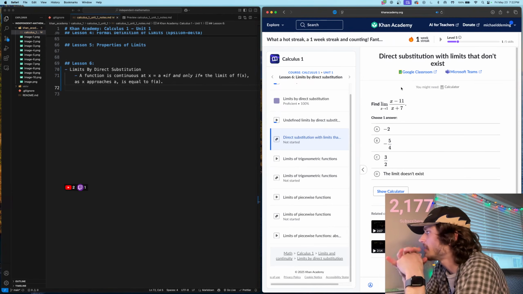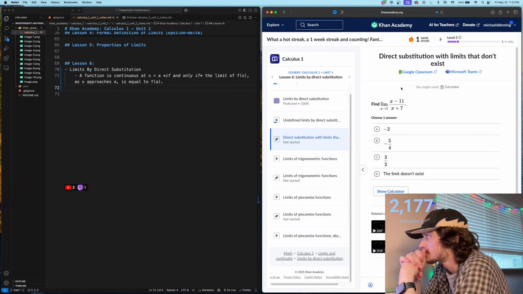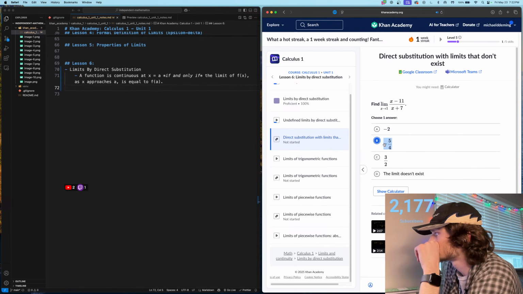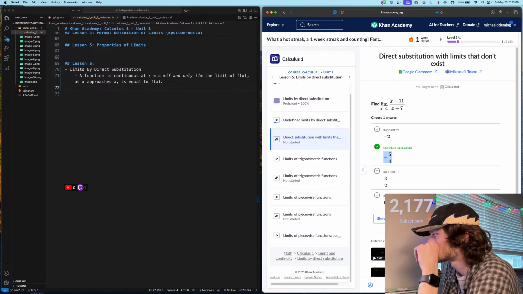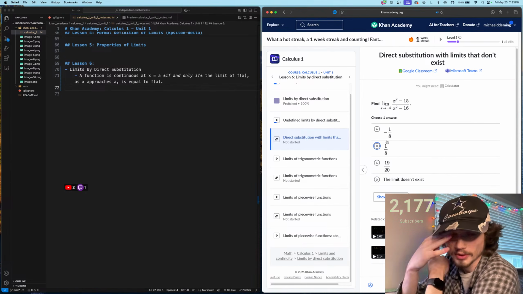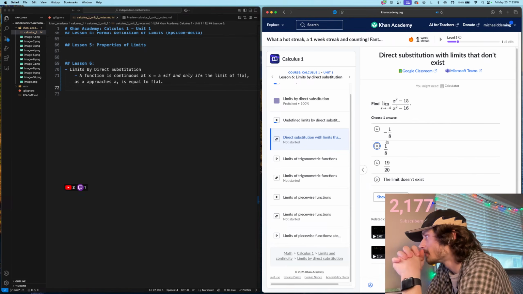Okay. The limit as x goes to 1. So 1 minus 11 would be -10. 1 plus 7 would be 8. 5 over 4. Find the limit as x goes to -4 of this.